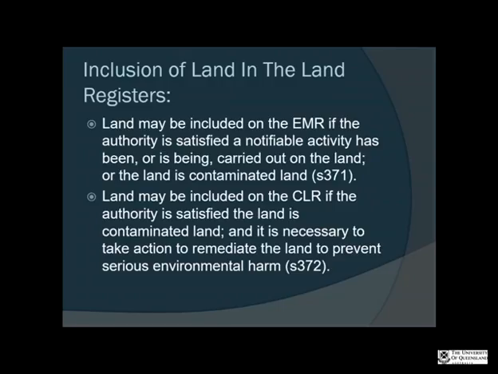Now these things have to be listed, and generally speaking, when you buy a land, particularly a vacant block of land or land in an industrial area, you'd be going and doing searches of the EMR and the CLR to see whether or not they're listed as contaminated, because that does change what you are able to do on the site, but it also imposes duties on you in terms of what you have to do with the site. You can't just allow it to continue to leach contaminants into the surrounding area, so that there's a cost imposed.